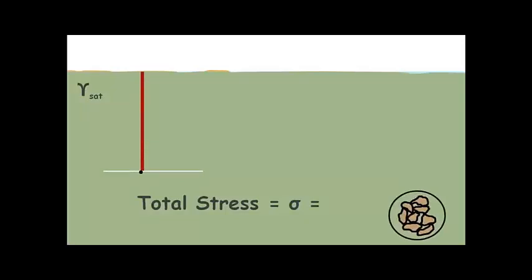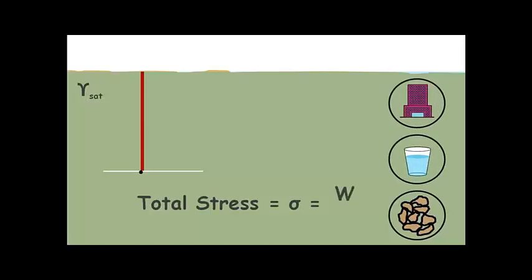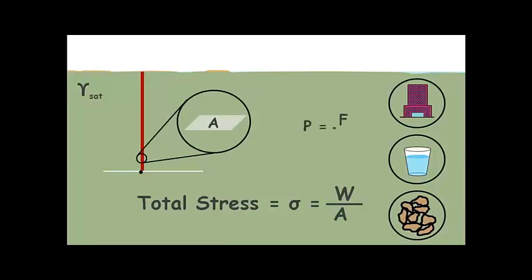Total stress at any point is equal to the weight of everything above that point, including soil, water or overlying structure if any, divided by the area over which this weight is acting. It can be imagined similar to pressure, which is force by area. Here, let's say the area over which the weight is acting is capital A.